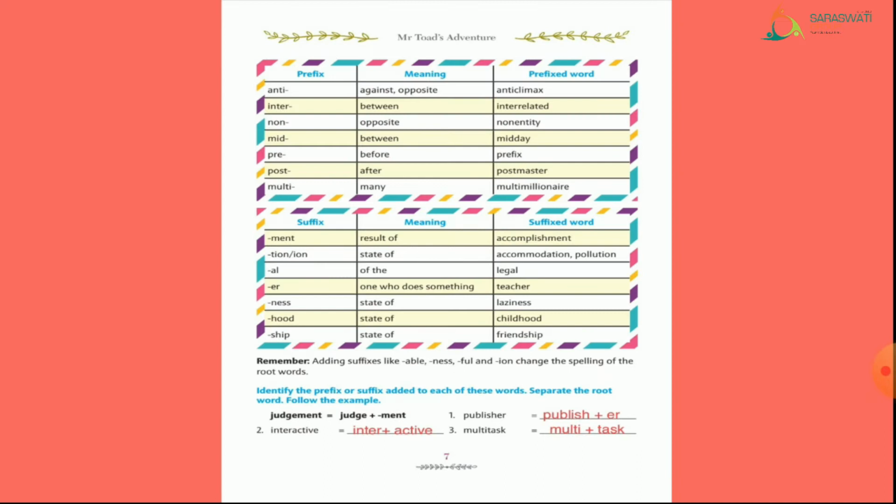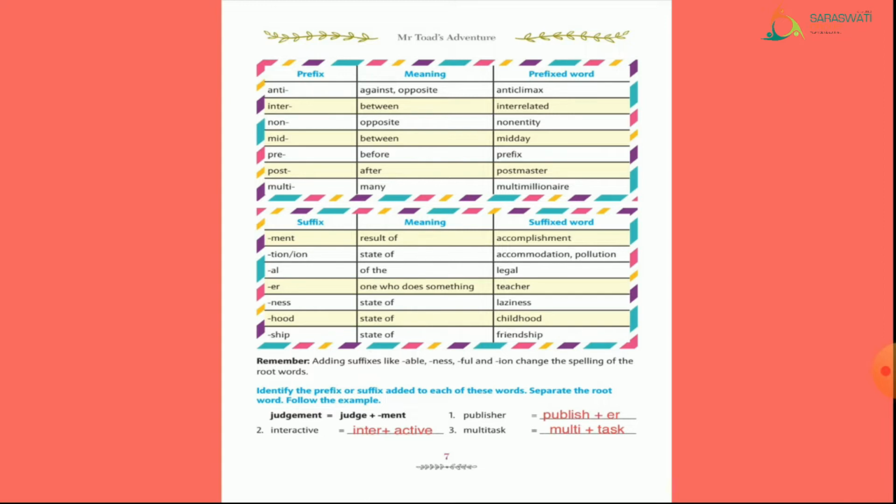On page number 6, there are definitions of prefix and suffix. So we just need to revise because the next exercise which we are going to do is based upon that. So let us just revise the suffix and prefix definitions. A prefix is a letter or a group of letters that is added to the beginning of a word to change its meaning.